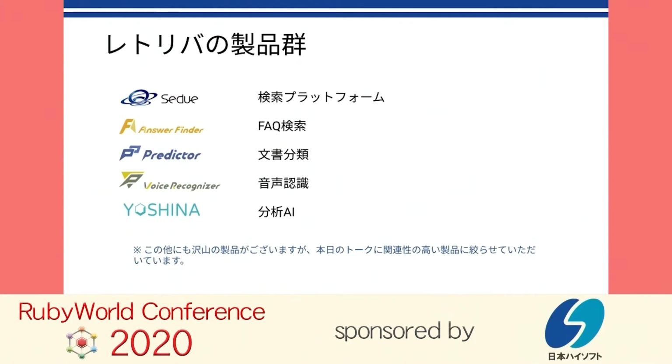And using machine learning for the classification of documents, we have the product called Predictor, and then for voice recognition, Voice Recognizer. And today I would like to talk about the product called Yoshina, that is for analysis using AI.